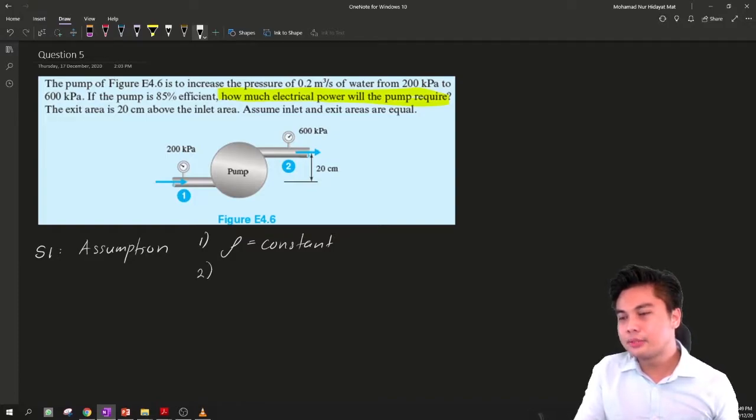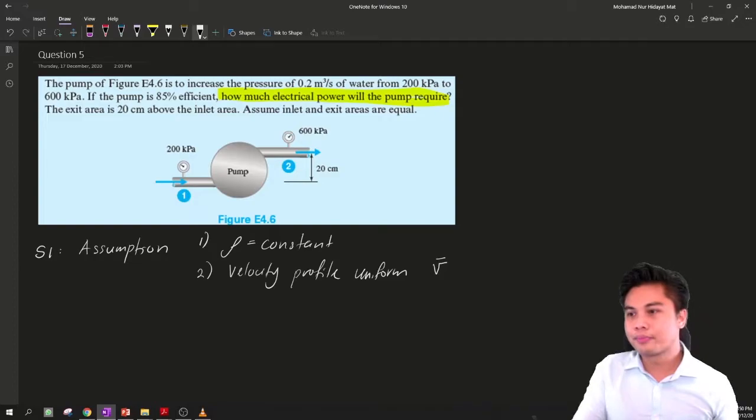And assumption number 2 is the flow, the velocity profile is uniform. Thus, we can use the average velocity at 1 and 2.